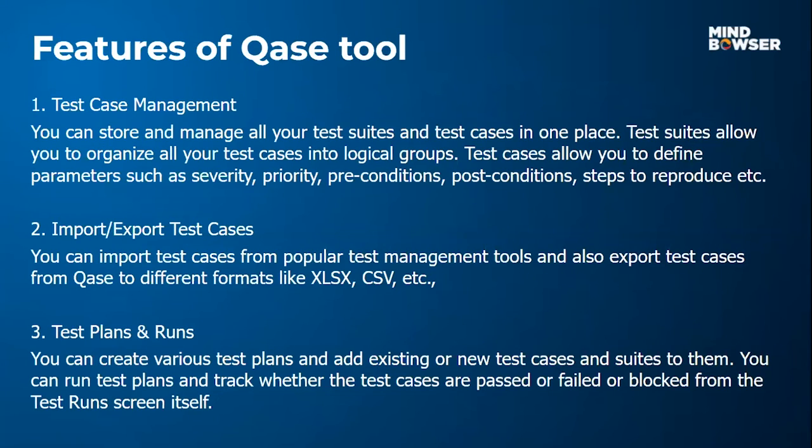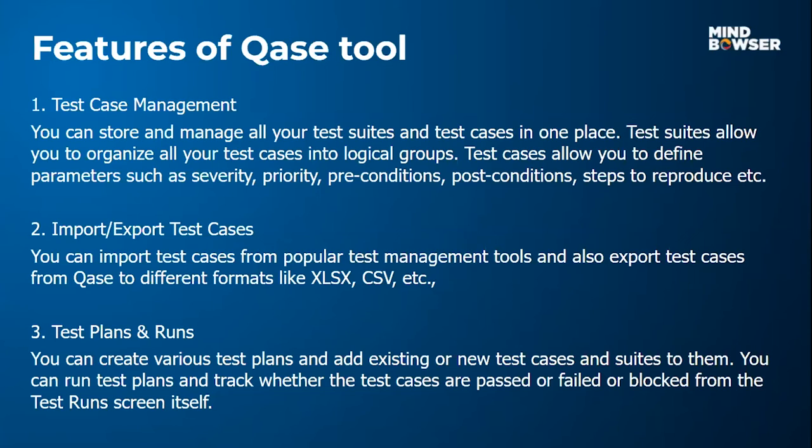So moving ahead, we have the features of the CASE tool. Once you understand its features, it will help you to understand its importance as well. The first feature is test case management. You can store and manage all your test suites and test cases in one place.